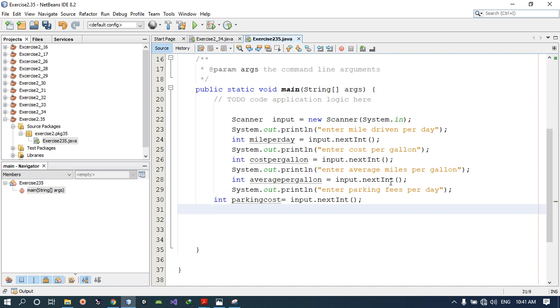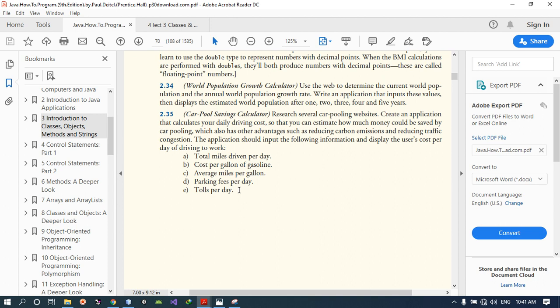So now let's calculate the equations. We have here total miles driven per day, cost per gallon of gasoline, average miles per gallon, and also parking fees per day. Total cost, how much we spend per day, we should get it here.